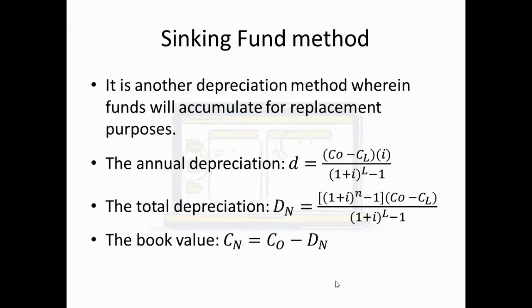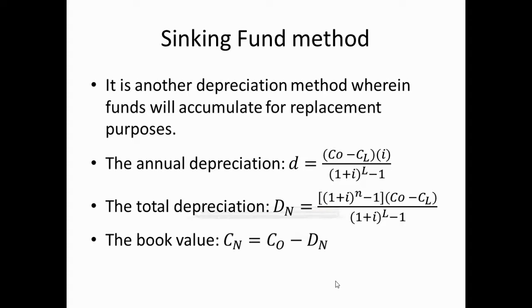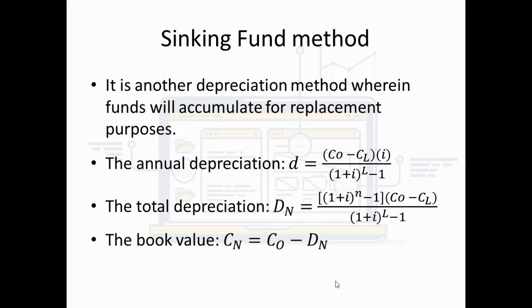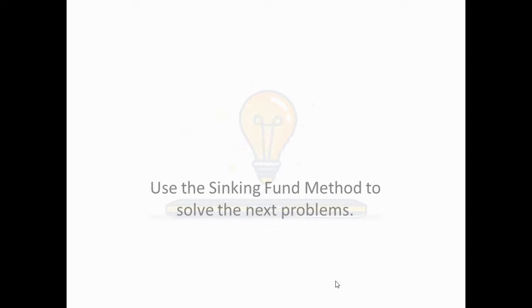The total depreciation is the capital letter D. Its formula will be 1 plus I raised to N minus 1 multiplied by C sub 0 minus C sub L all over 1 plus I raised to L minus 1. And lastly, we have the book value, which is still C sub N. Its formula is C sub 0 minus D sub N.